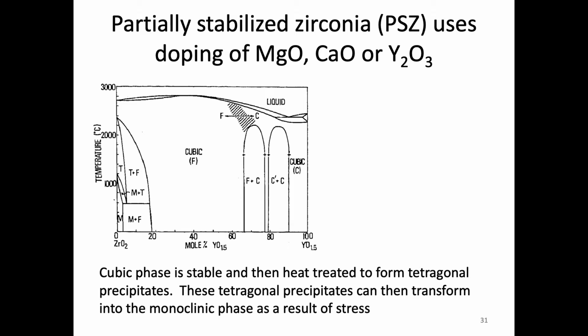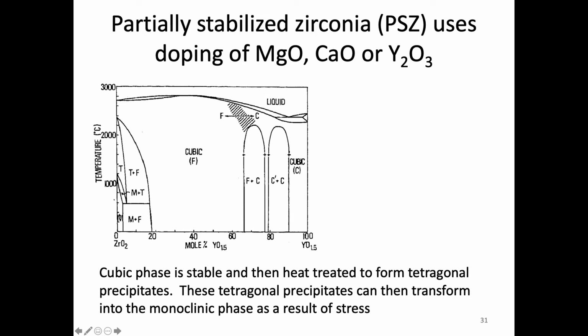All right, so one of the systems that we see use this transformation toughening is called partially stabilized zirconia, or PSZ. So this is zirconia that is being doped with either magnesium oxide, calcium oxide, or yttrium oxide. What that does is, if we look at this phase diagram, over here is zirconium oxide, zirconia.